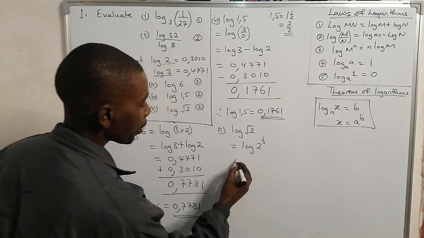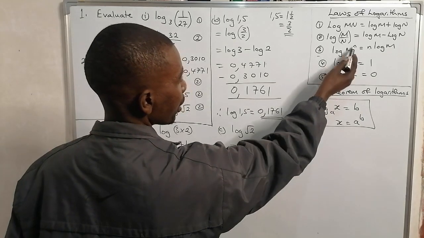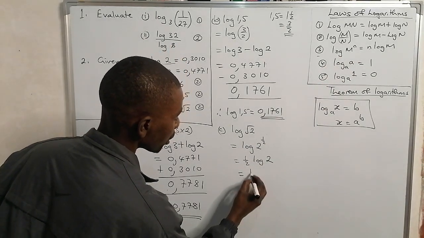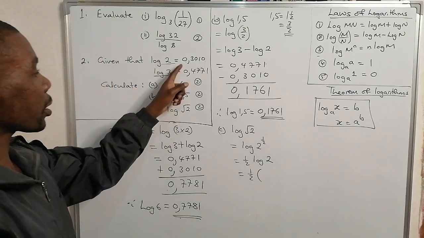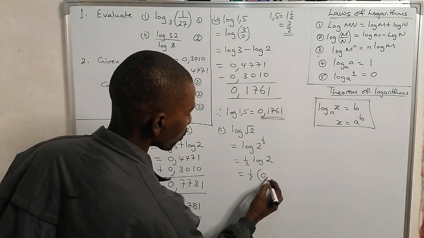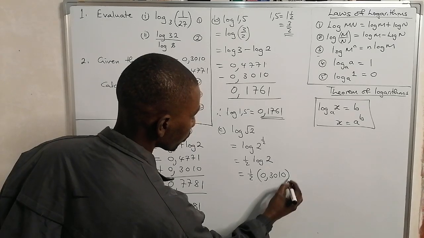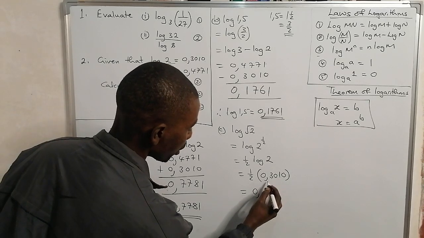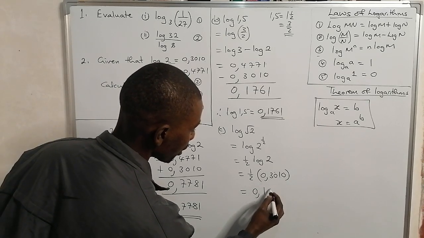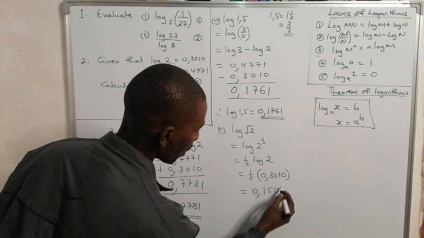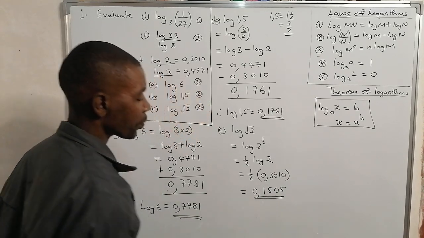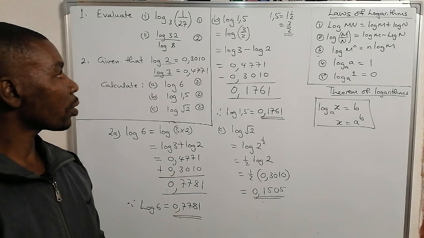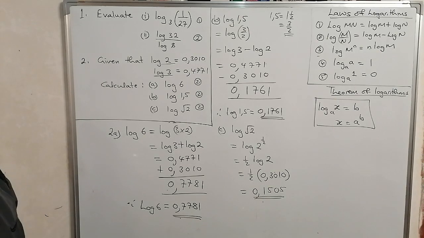This can be written, using law number 3, as half log 2, which is equal to half of 0.3010. Half of 0.3010 is 0.1505. So this is how we simplify or evaluate or calculate logarithms.